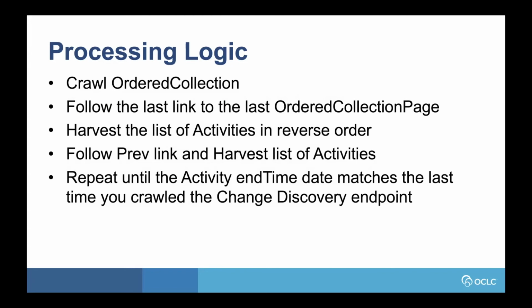That processing logic is basically: crawl the ordered collection, follow the last link to the last ordered collection page, harvest all of the activities for that page in reverse order, and then follow the previous link and repeat bullets 3 and 4, until there is a timestamp associated with an activity which matches the last time the crawler had hit the change discovery endpoint.